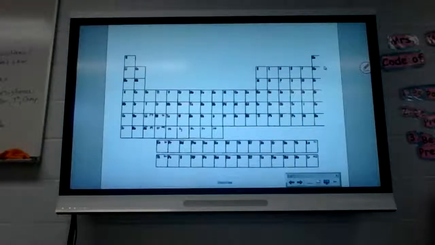It's after 3p for us. Wait, for S? The element that contains a single 4s electron is chlorine.